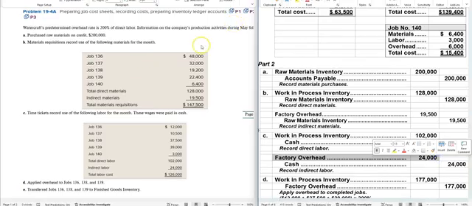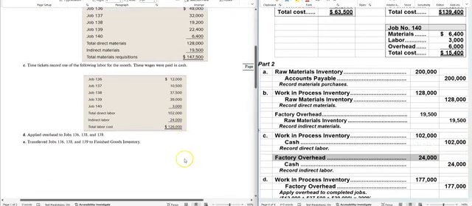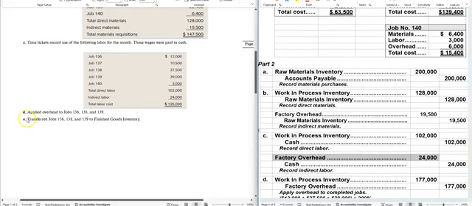Okay, now that we have our direct and indirect materials, direct and indirect labor costs incurred, recorded into the accounting system, now we are going to apply overhead to jobs 136, 138, and 139. What happens when they finish manufacturing a product and they're getting ready to transfer the cost into finished goods?